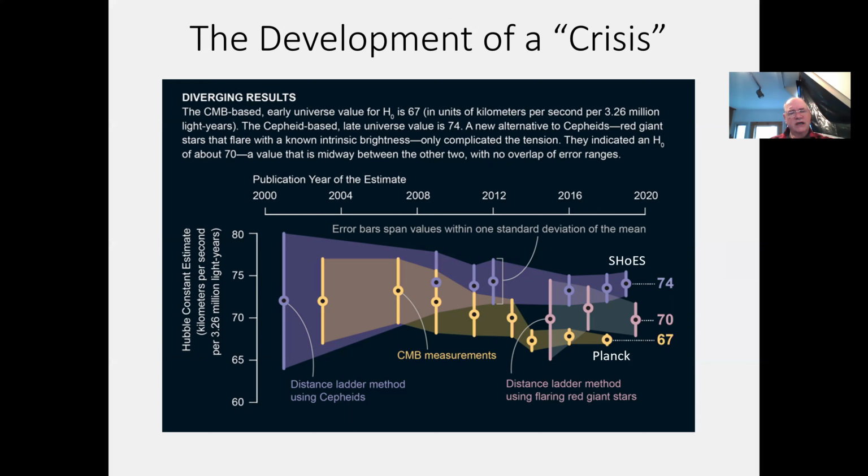I'm looking now at the extreme right. You see the word SH0ES there in white, and 74. That's the current value. Obviously, I'm rounding the numbers off. Okay, but the error bands have shrunk. Okay, from that original error band going from 80 all the way down to God knows what, 63, 64, we now have a pretty tight error band, as I showed you in the last slide. SH0ES is the group, the project that was done by one of the Nobel Prize winners of the 1998 data.